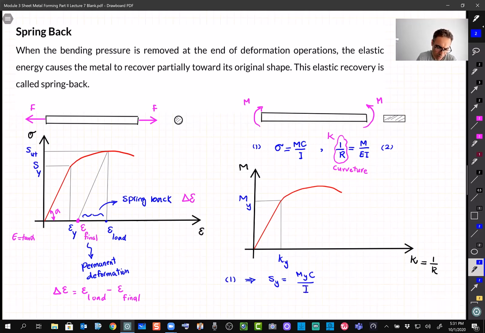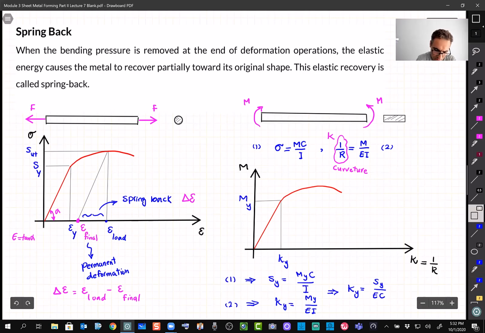And from formula 2, I know that Ky is going to be equal to My divided by EI. If I simplify these two formulas, what do I get? Ky is going to be Sy divided by Ec, all right? So this is then the curvature of elastic.